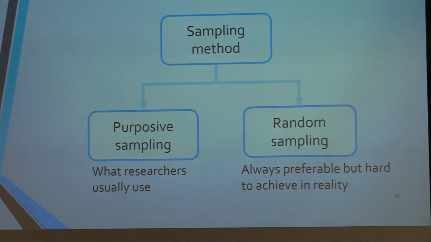Usually, for the sampling method, there should be 2 broader types. One is random sampling, the other is purposive sampling, right? But in reality, we have to understand that usually we use purposive sampling. Because, for example, if you just do a student project, you don't have the money and support to really make random sampling.